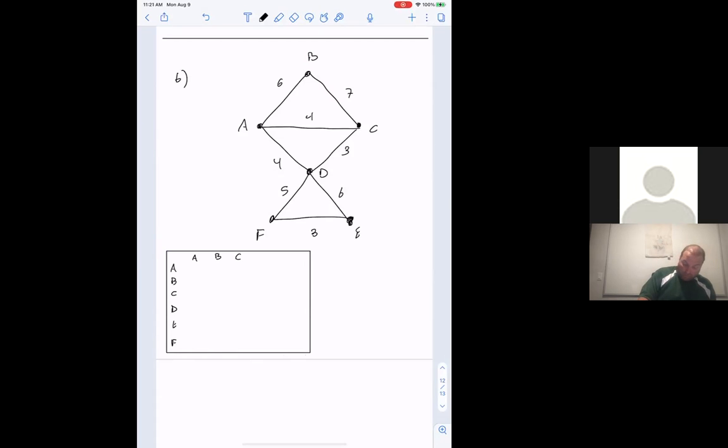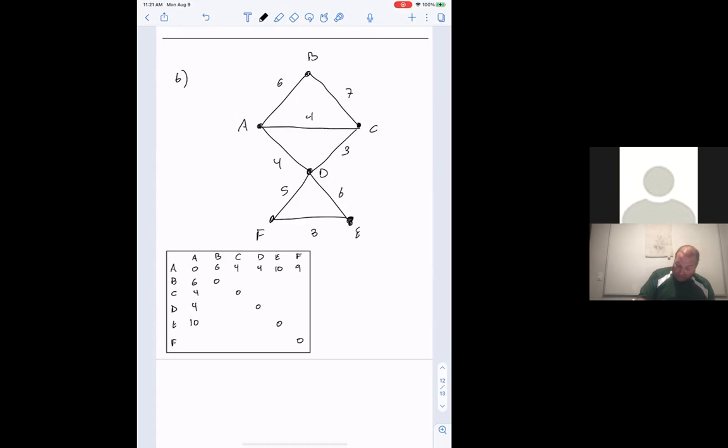A, B, C, D, excuse me, F, zeros along the main diagonal. A to B is 6. A to C is 4. A to D is also 4. A to E is 10.